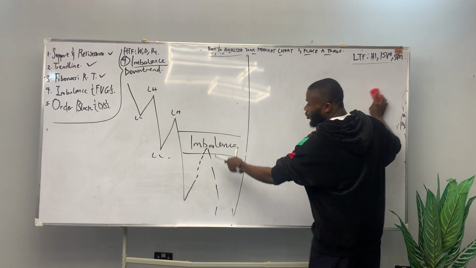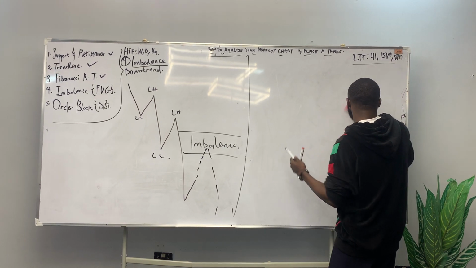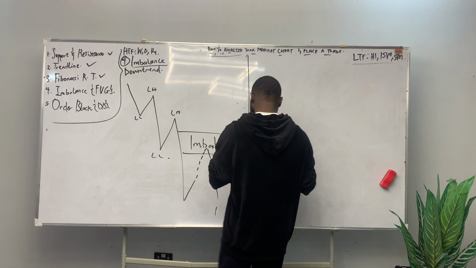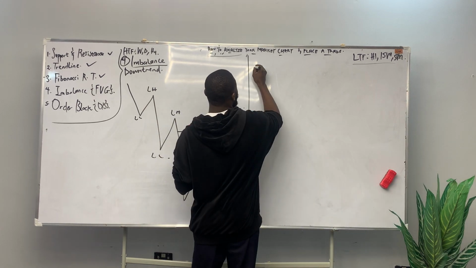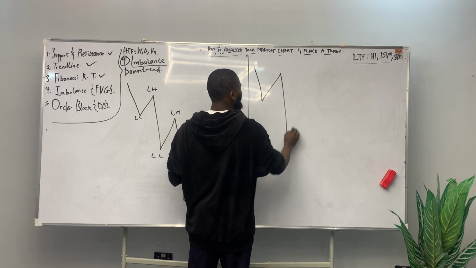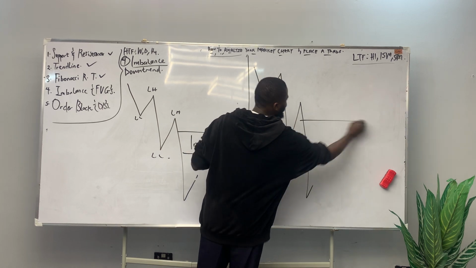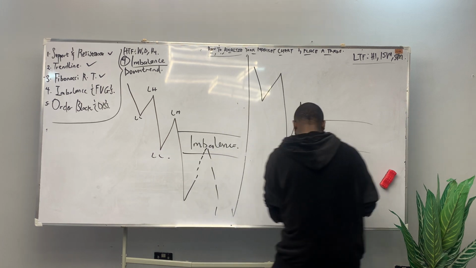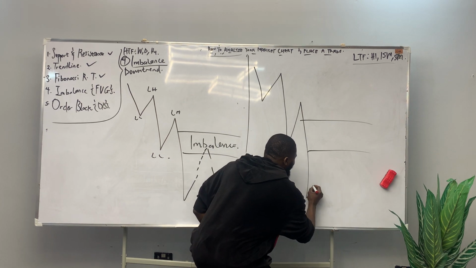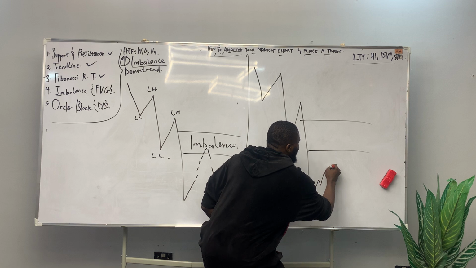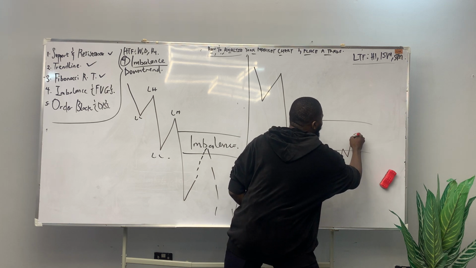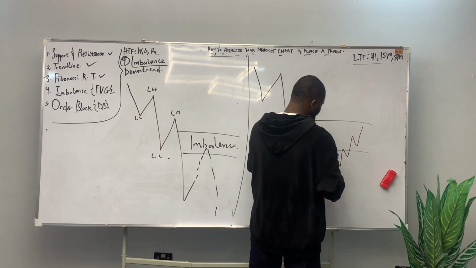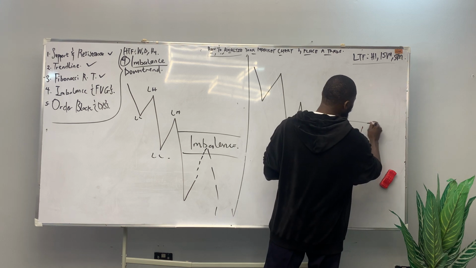Then once it comes to your zone, your imbalance zone, the next thing is you go to your lower time frame. Sure? Then in your lower time frame, it starts forming small bullish moves. This is the zone.